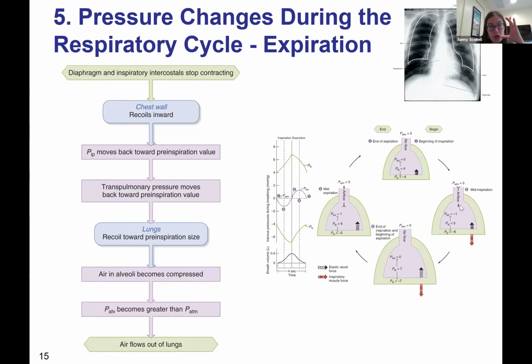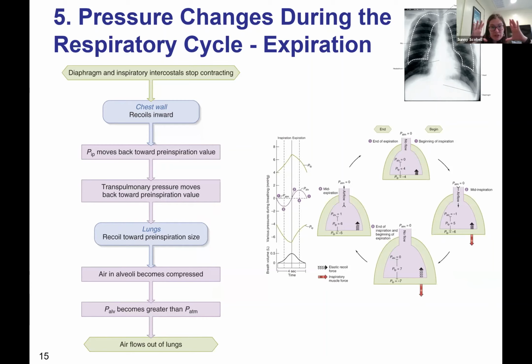When it gets lower than atmospheric pressure, air is going to flow in. Air will continue to flow in until the air in the lung is equalized with the atmospheric air. And that's at a very negative state of intrapleural pressure and our highest pressure across the lung wall.